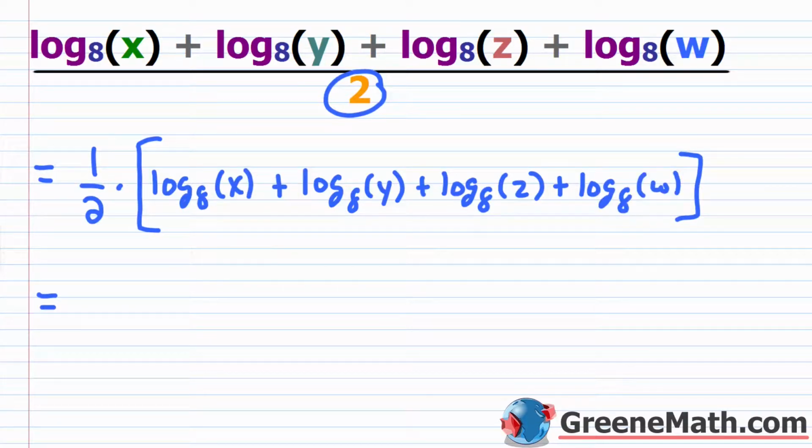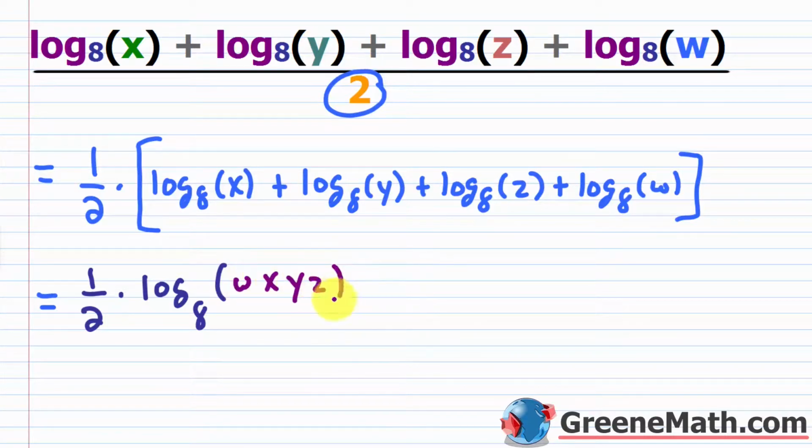So I can condense this all down to, I'm just going to start with my 1/2 times, then I'll have log base 8, and again, I can condense this down to x, y, z, w, or if you want to write that in alphabetical order, just do w, x, y, z, okay, like that.